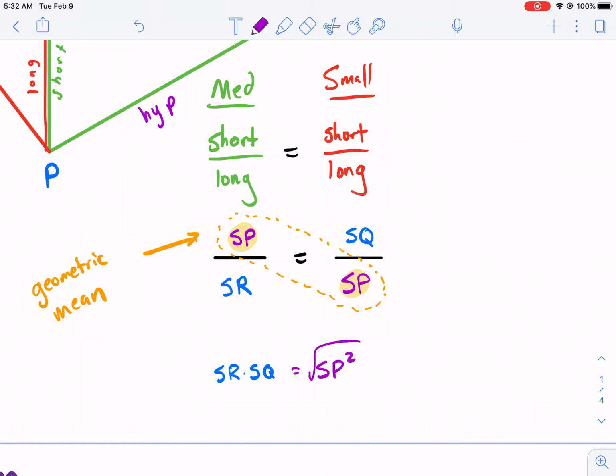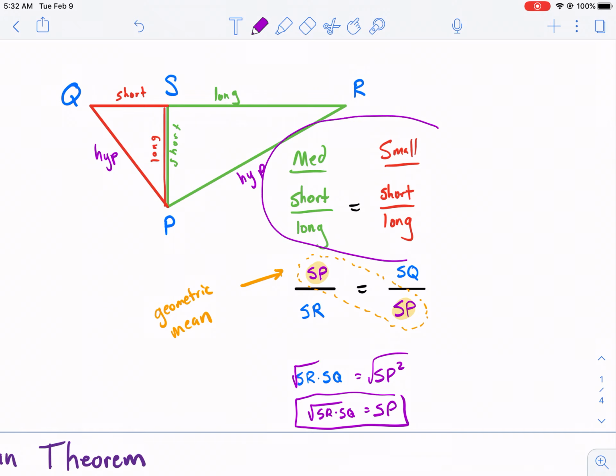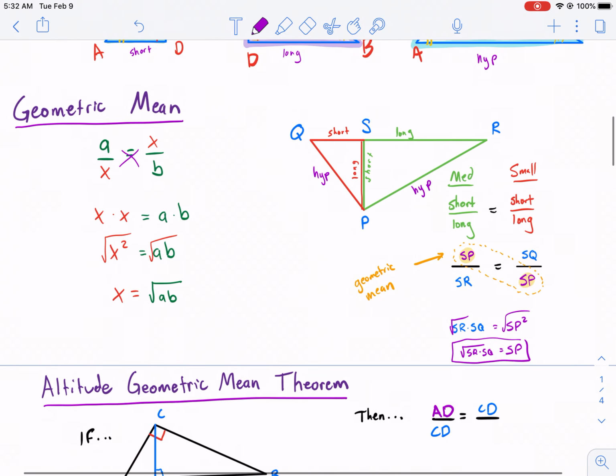So we're going to take the square root of that, and we're going to get the value of SP equal to the square root of SR times SQ. And that's how we can find one of the sides based on the information it gives. So we have to set up a true proportion. In this case, we set up a true proportion. And then we just cross multiply and solve, and that becomes a geometric mean.